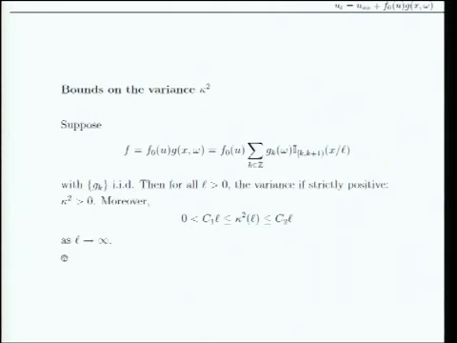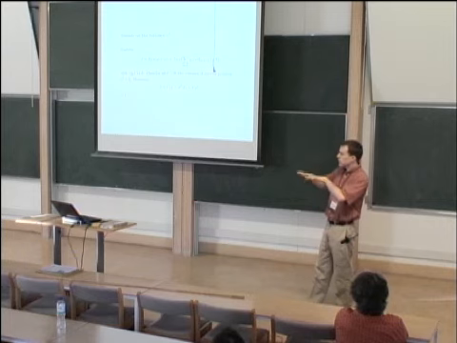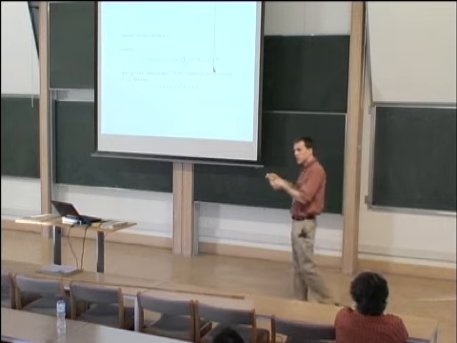I do not have a general bound which says the variance of the interface is always non-zero. In principle, one could construct a medium such that there were negative correlation in the environment, and the variance could be 0. But if the fluctuations are positively correlated, then you can get a lower bound on the variance.